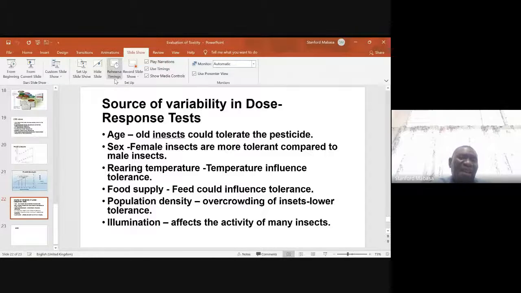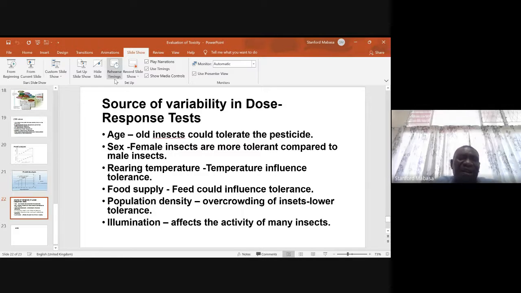So the information we get from these animals could be influenced by several factors. But however, the data which we get from them, we can still use it to get guidelines on how to use these pesticides.